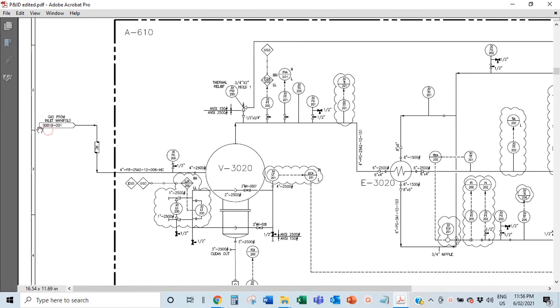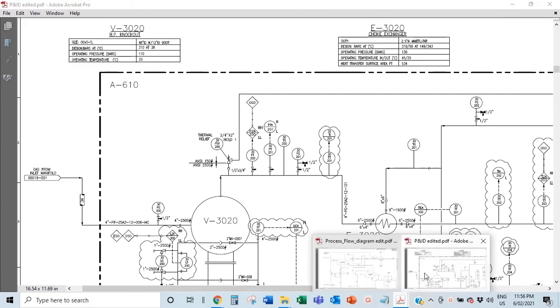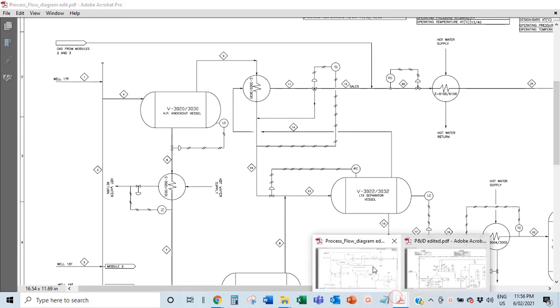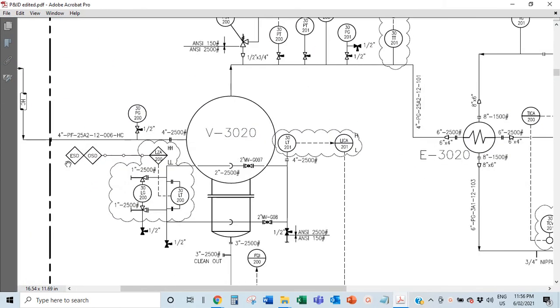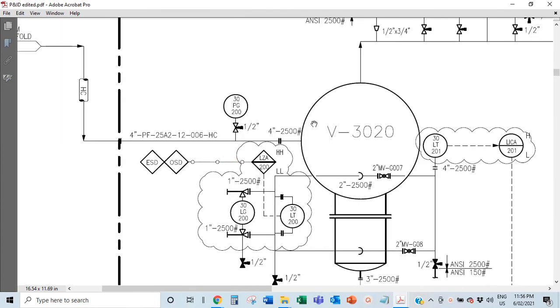So you have your gas flow from the inlet manifold coming in here and hitting this, which is called the HP knockout vessel. And if you go back to your PFD, that is this. So you have all those lines 1, 2, 3, 4 coming into this, and before it goes in, you have your pressure gauge, checking the gauge before you go in here.